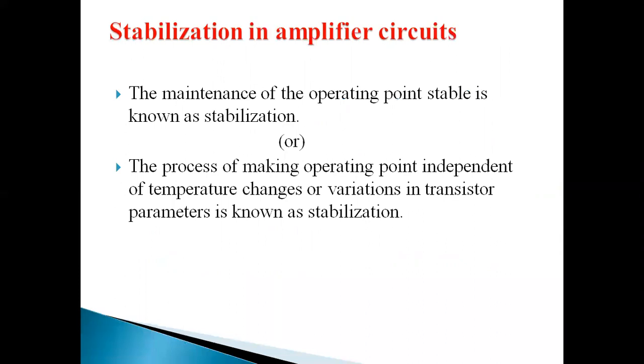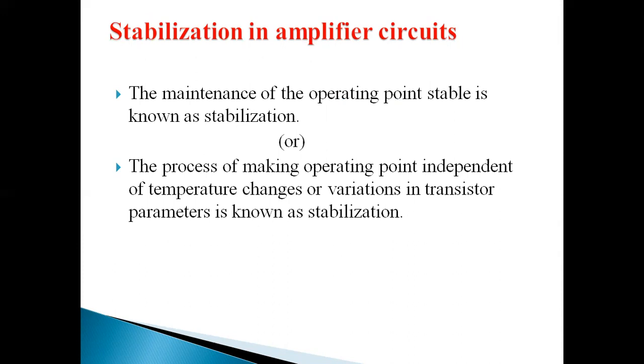So when the temperature changes or the transistor is replaced, the operating point also changes. When the operating point is changed, the transistor is driven into an undesirable region, thereby the output signal is distorted. That is, the output signal is not exactly the same as the input signal shape.